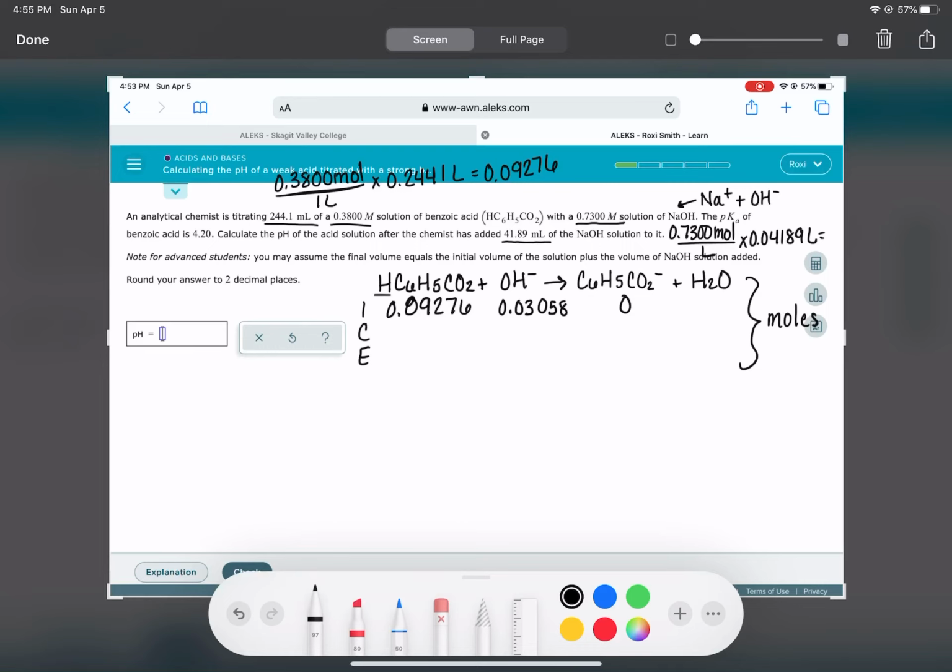And initially we have no product. With the strong base, because we have a strong base, that means this is a complete reaction.